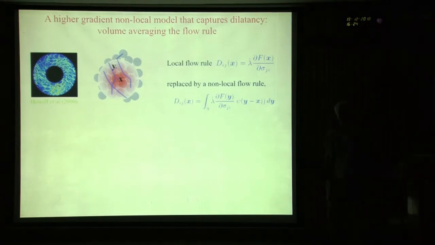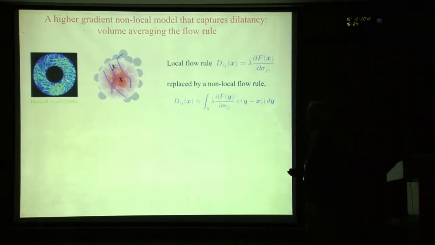Now, stress is not homogeneously transmitted. Most of us who study grains know that stress is transmitted along these force chains. So there is local inhomogeneity, okay? And so a local flow rule like this is probably not a good idea.